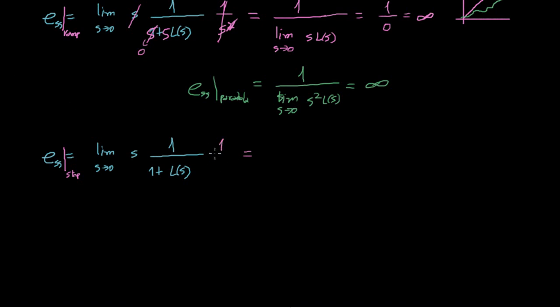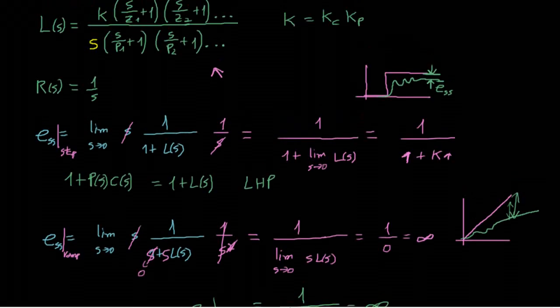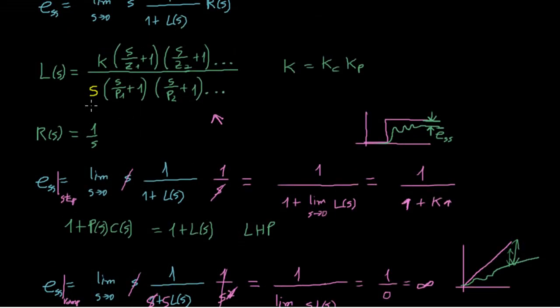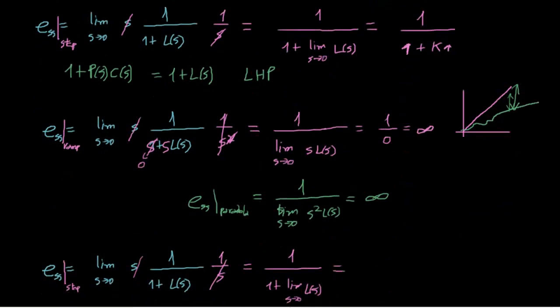here we have 1 over s, so this cancels out with this, and now this is 1 over 1 plus the limit when s tends to 0 of L of s. But this L now has a 0 here, so L of 0 is now 1 over k over 0, which is infinity.